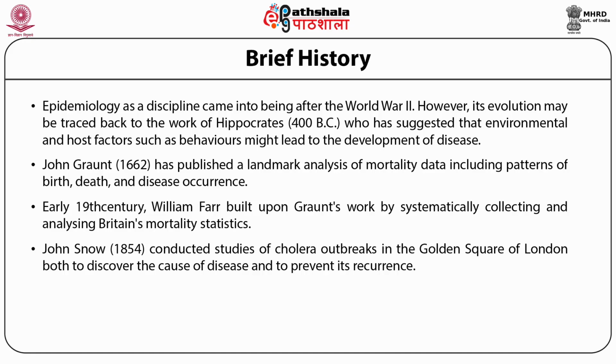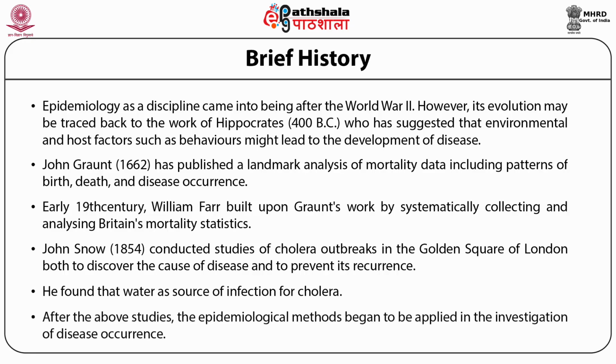His work illustrates the classic sequence from descriptive epidemiology to hypothesis generation to hypothesis testing, that is, analytical epidemiology, to application. He found that water was the source of infection for cholera. After the above studies, epidemiological methods began to be applied in the investigation of disease occurrence and in public health management.